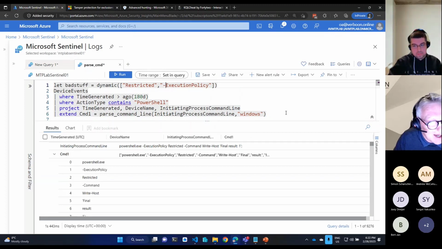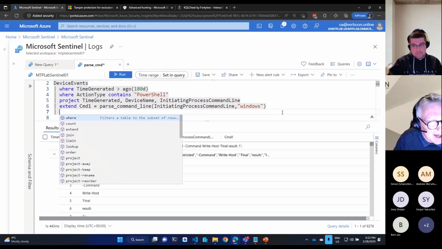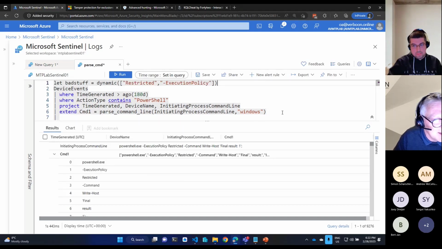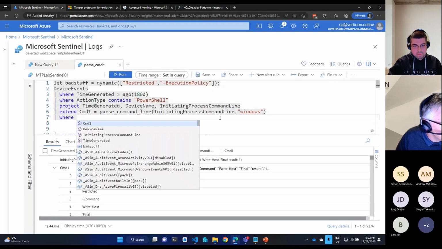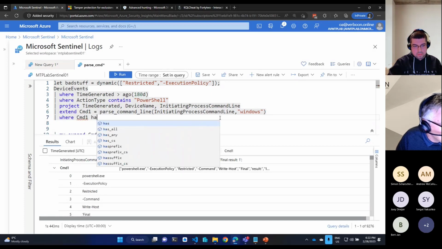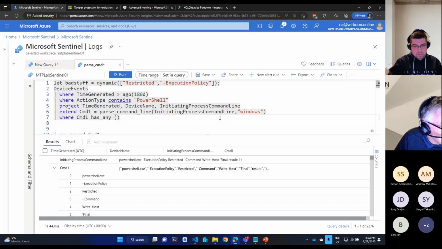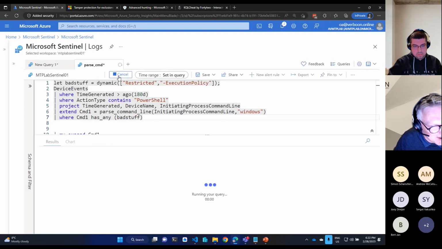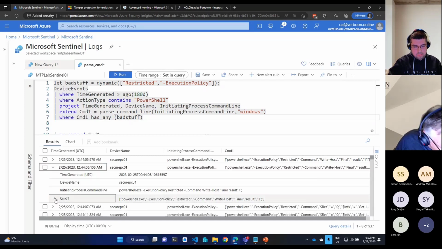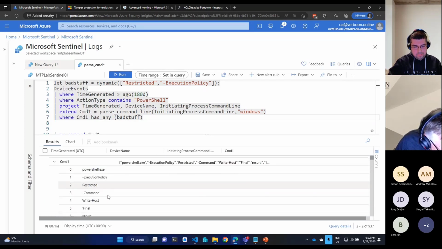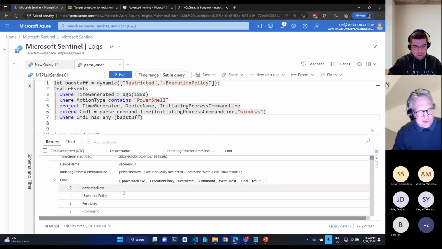Oops, let me declare that variable. And then I would probably do, okay, where CMD1 has any bad stuff. And if the demo gods are with me, I should only get those rows returned where I actually have those things included. So that could be one way to do that.